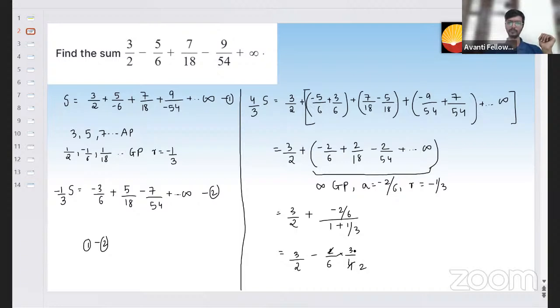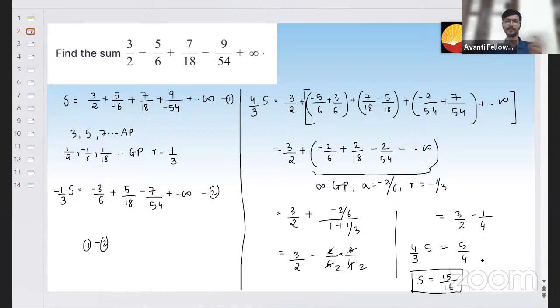So finally I got 3 by 2 minus 1 by 4, which is 5 by 4. Here I got 4 by 3 S. So what is the value of S? S is 15 by 16. So this is my answer.